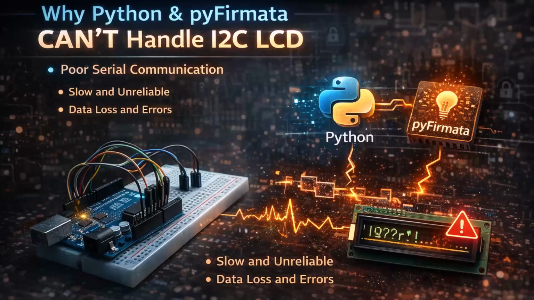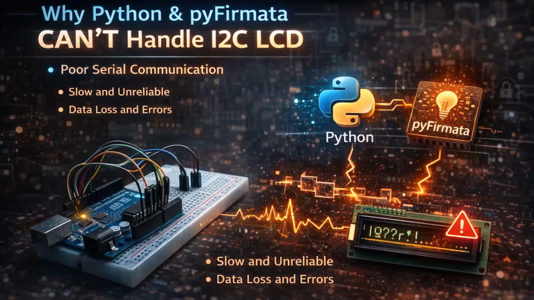But when it comes to a protocol like I2C, things become complicated because I2C requires precise timing, continuous communication, and hardware level control. And Python does not reliably handle I2C devices in a real project. That's why the LCD doesn't respond, or if it responds, it behaves inconsistently.